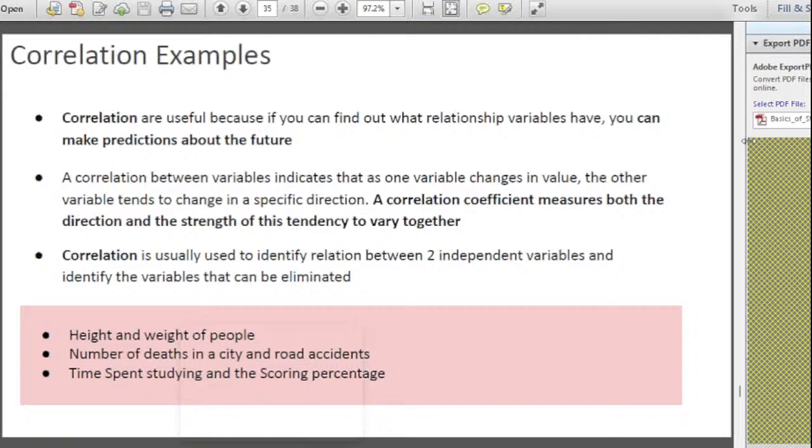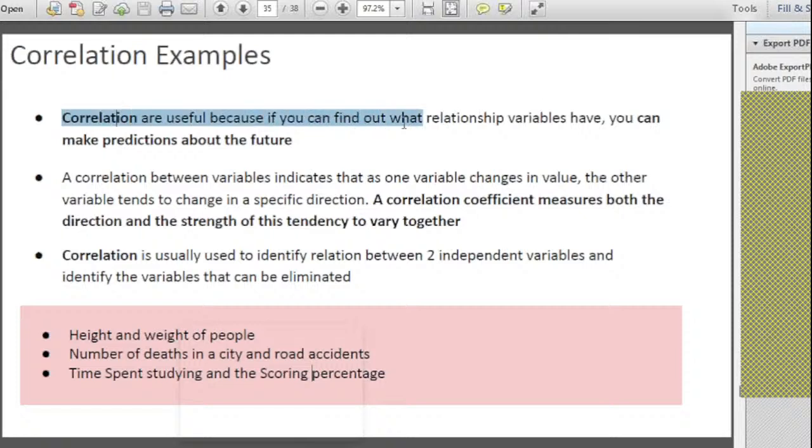They increase the variability of the regression coefficient in the regression equation, right? And when the variability of the coefficients in the regression model increases, it reduces the strength of the model, right? So correlation is useful because it helps you find the relationship between variables, right?